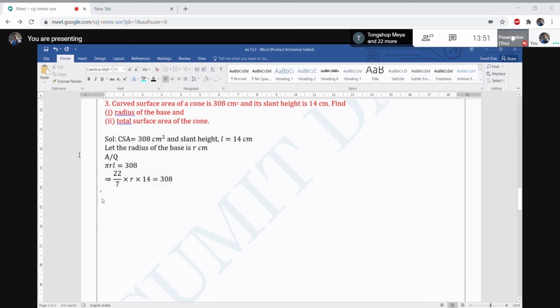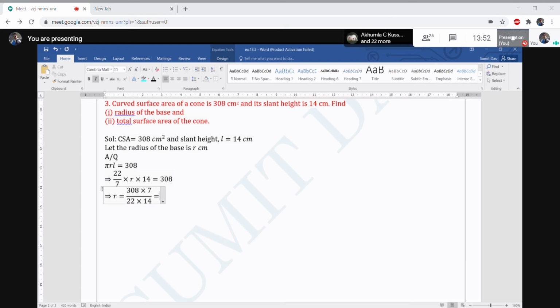In the next line, I'll keep R only on the left hand side. On the right hand side, I'll take all the other things. So the numerator will be 308 into 7, denominator will be 22 into 14.